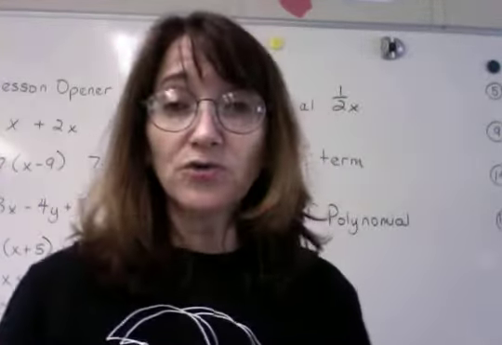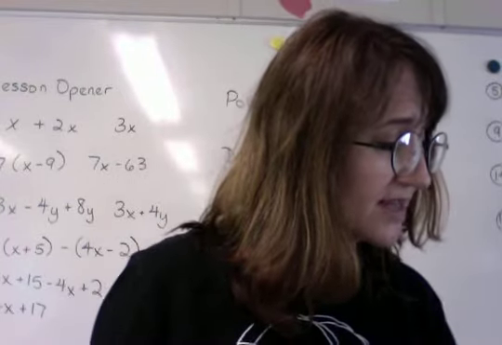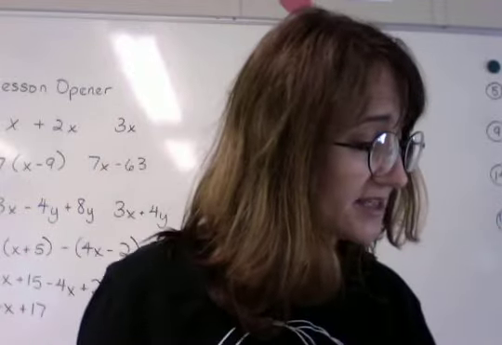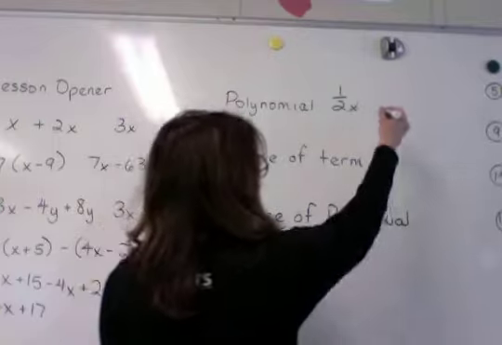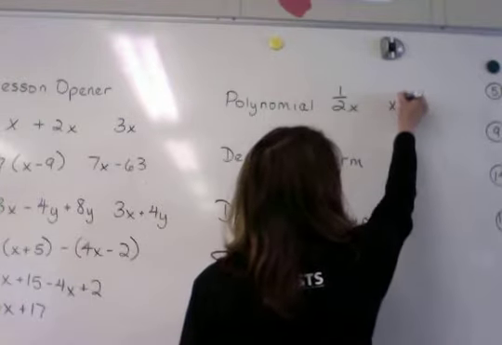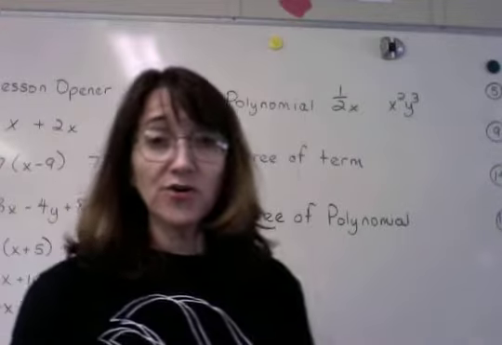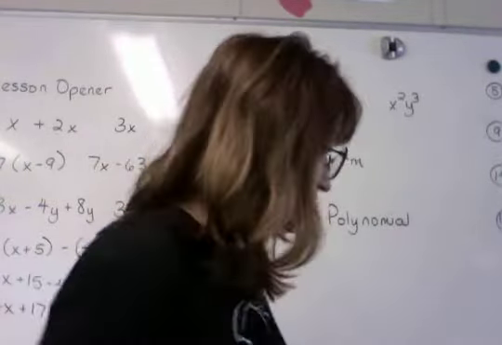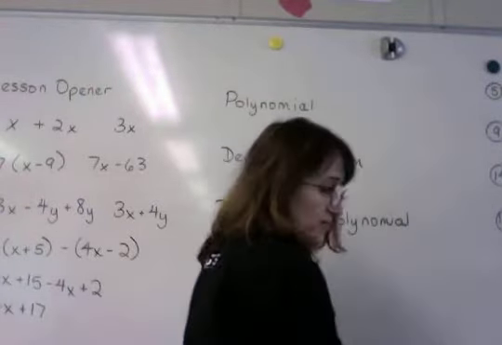It could be included in a polynomial, and that is perfectly fine. That's because 1/2 is a constant. If you had a term that looked like this, that's perfectly fine as a term. It could go into a polynomial. That's wonderful.